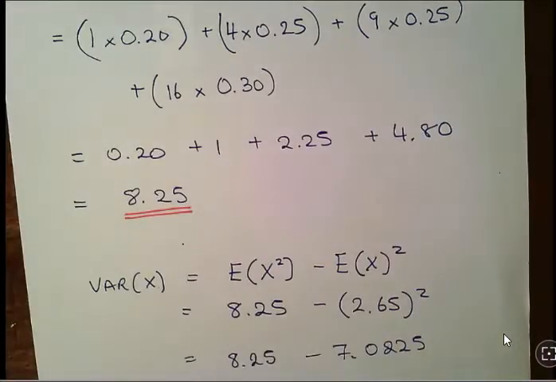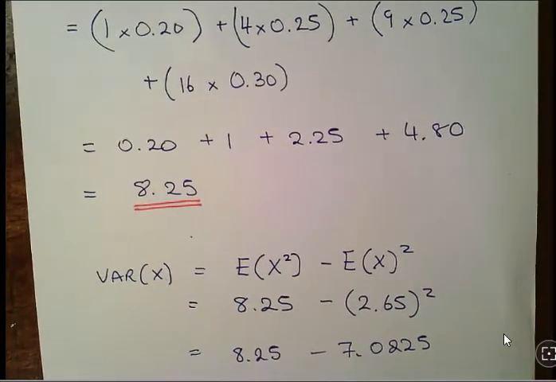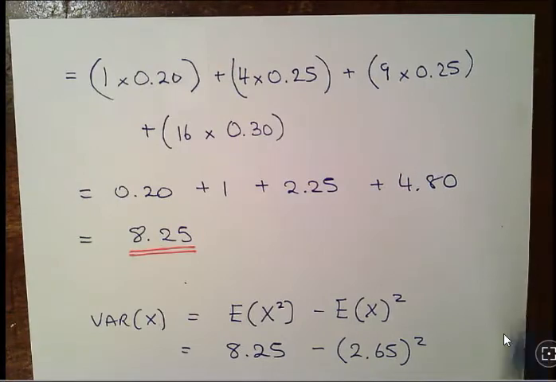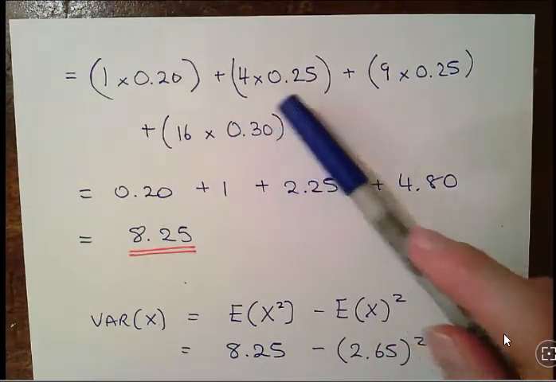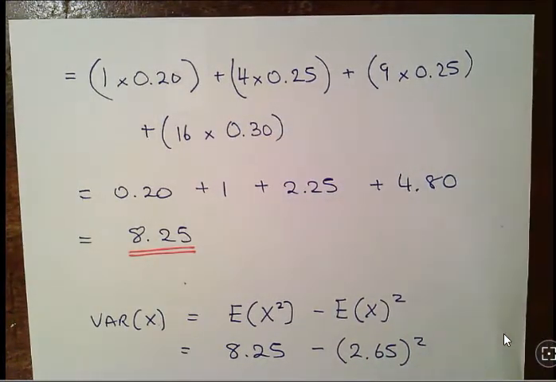When we tot that up: 1 times 0.2, 4 times 0.25, 9 times 0.25, 16 times 0.30. Add up all of those values, we get 0.20 plus 1 plus 2.25 plus 4.80, which is 8.25. Now that is not the answer. That is just the expected value of x squared.